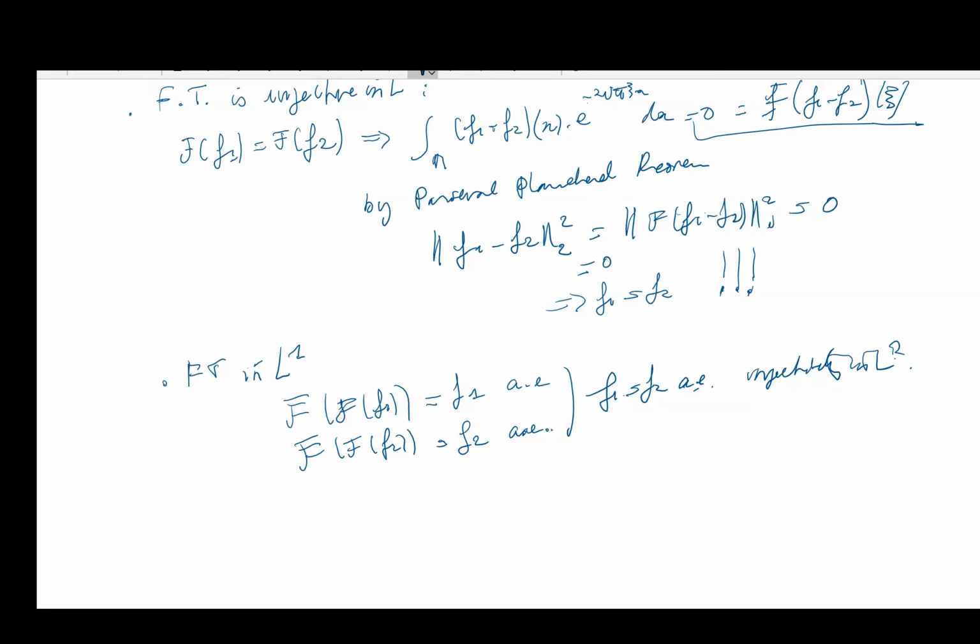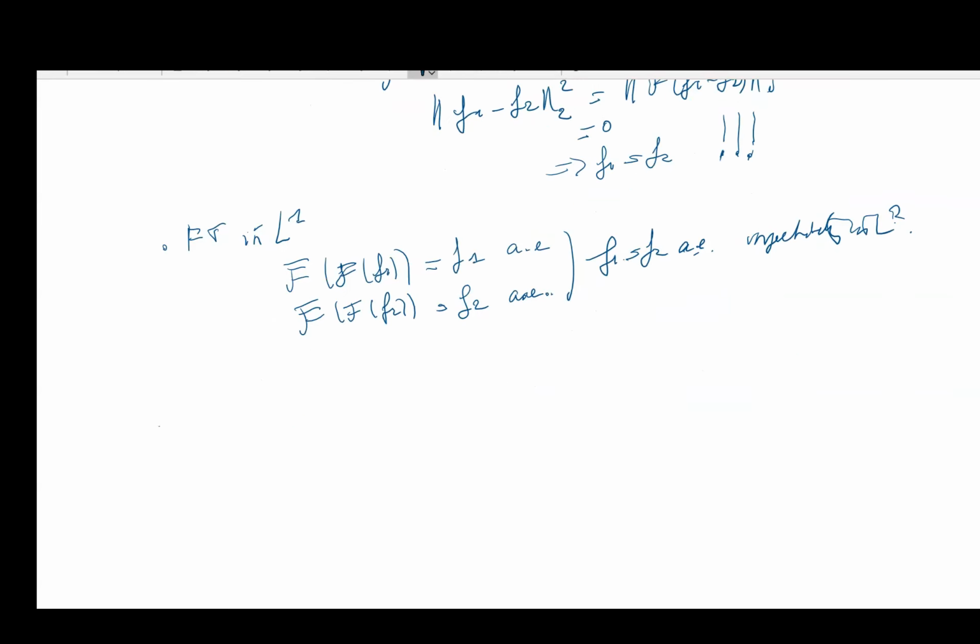Okay, the thing is, do we have a bijection even though we have used the inverse function? What else do we need for the bijection? We need that the space it goes to, well, if I want a bijection in L1, I need something that goes from L1 to L1. If I want a bijection in L2, I need something that goes from L2 to L2.